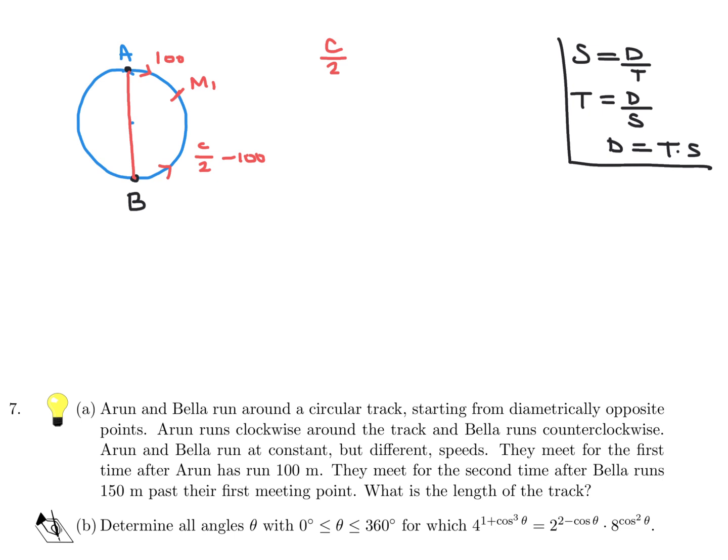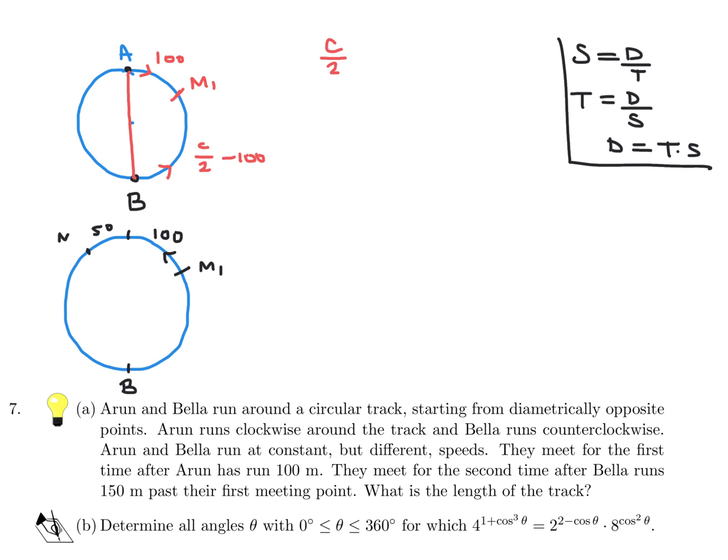Now the next way of setting it up, with the second part, is the same kind of circle, but this time it's a little bit different. They meet for a second time when Bella runs 150 meters past their meeting point. So she started here, she ended up here at M1, and then 150 meters more. Since that was 100, she's going in this direction and ends up here, where this is 50.